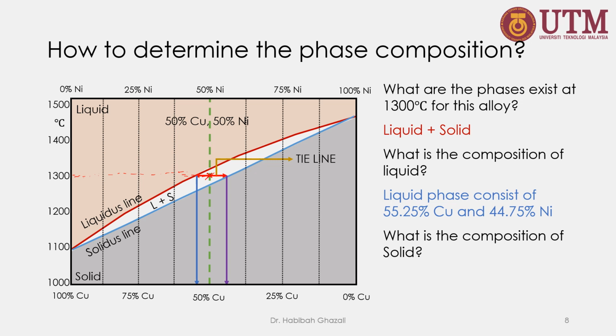So the composition of our solid at 1300 degrees Celsius for the 50% copper and 50% nickel alloy, we have a solid phase that consists of 43.75% copper and 56.25% nickel. So these are the phase compositions for this alloy at 1300 degrees Celsius.